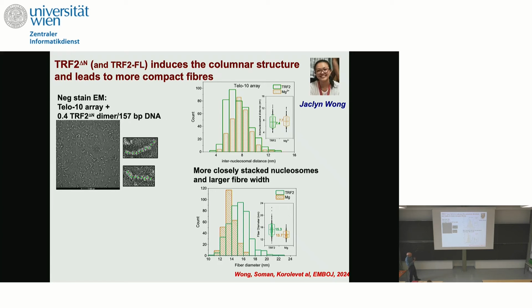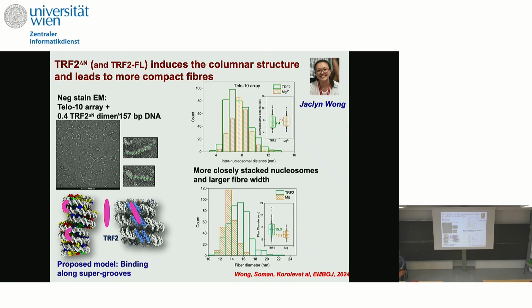So in the presence of TRF2, the columnar form of telomeric chromatin is induced without the presence of magnesium or other multivalent ions. And analyzing this, she found that nucleosomes are more tightly stacked compared to the magnesium-induced columnar structure, and the fiber width is also larger, which implies that TRF2 binds on the columnar structure when it induces the columnar form.